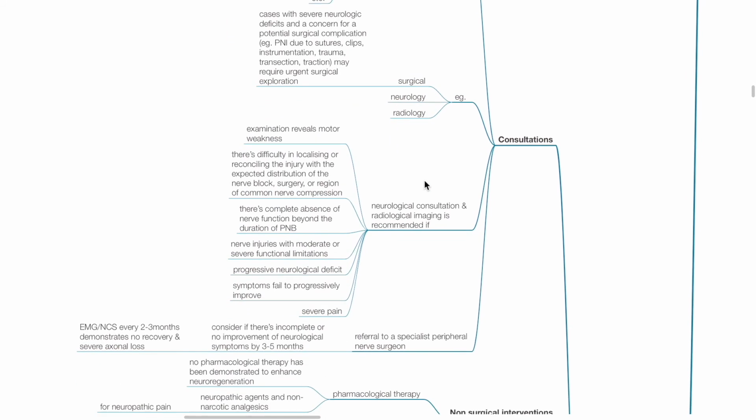Neurological consultation and radiological imaging is recommended if examination reveals motor weakness, when there is difficulty in localizing or reconciling the injury with the expected distribution of the nerve block, surgery, or region of common nerve compression, when there is complete absence of nerve function beyond the duration of the peripheral nerve block, nerve injuries with moderate or severe functional limitations, progressive neurological deficit, symptoms fail to progressively improve, or in severe pain.